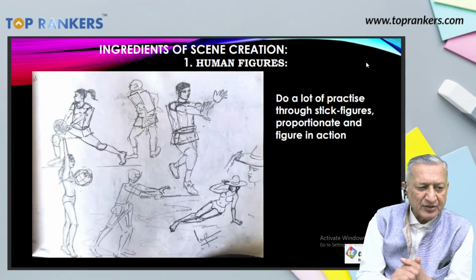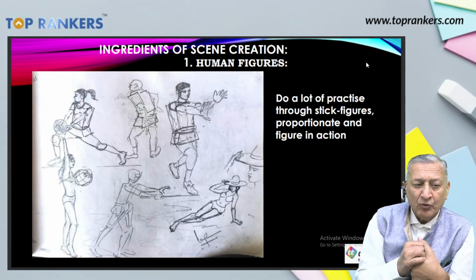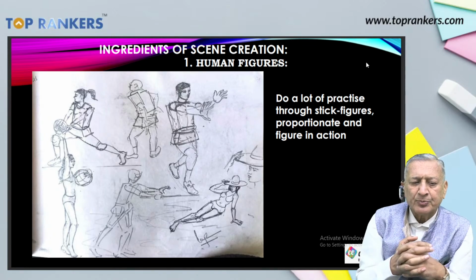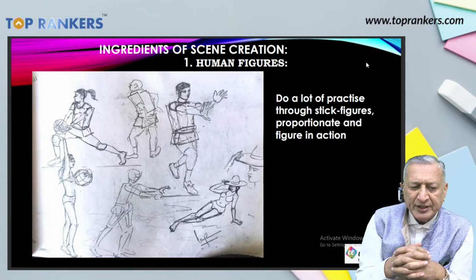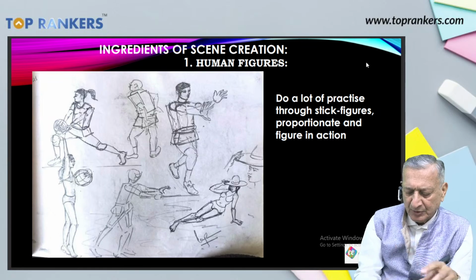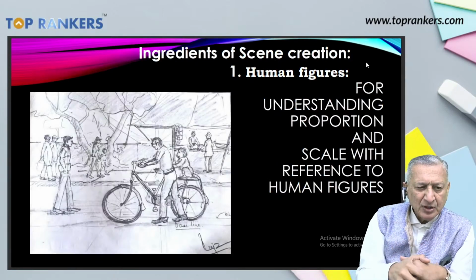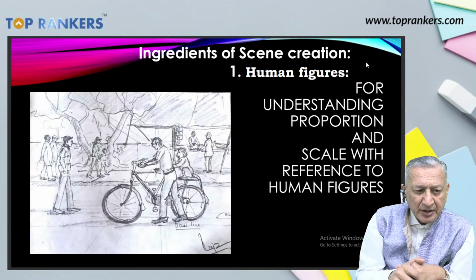Let's look into this. Ingredients of scene creation. First is human figure. Do a lot of practice through stick figures, proportionate, and figures in action. Again, the same human figures.